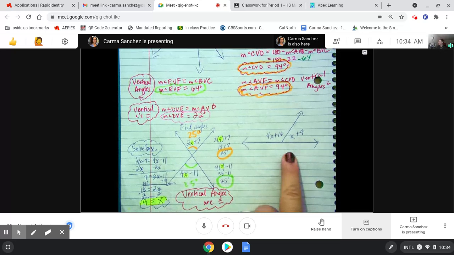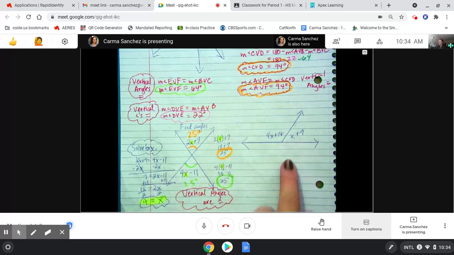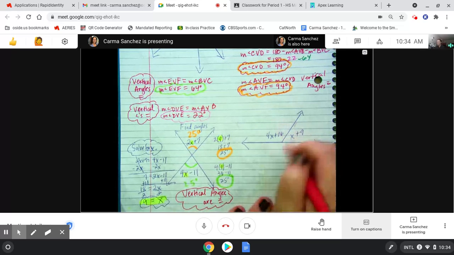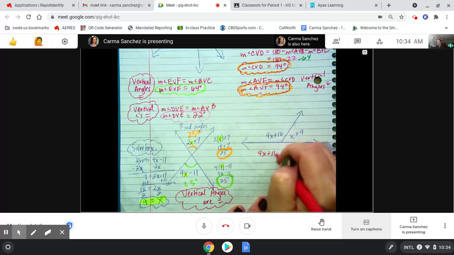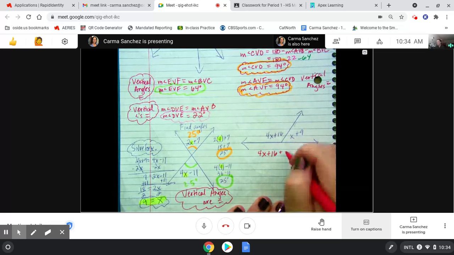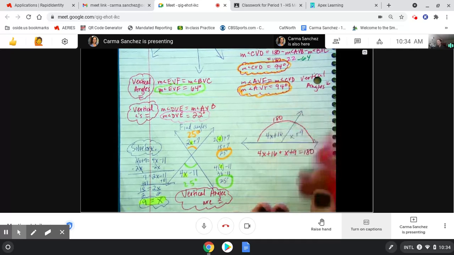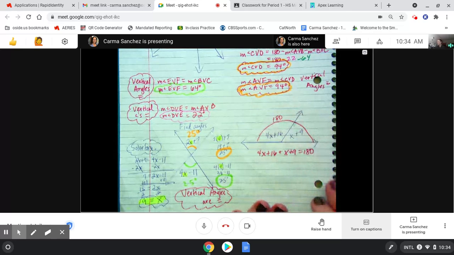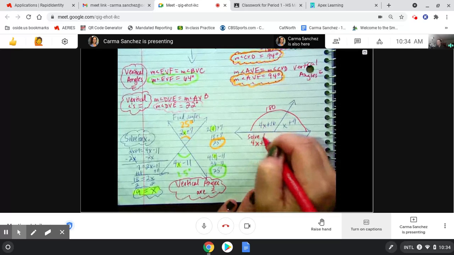Okay, let's go do this one as linear pair. Now, vertical angles are equal, but linear pair are supplementary. They add up to 180. So we're going to write 4x plus 16 plus x plus 9 equals 180. So these add up to 180. So now I just use my normal follow the directions to solve. And by the way, this is if it asks for solve for x.